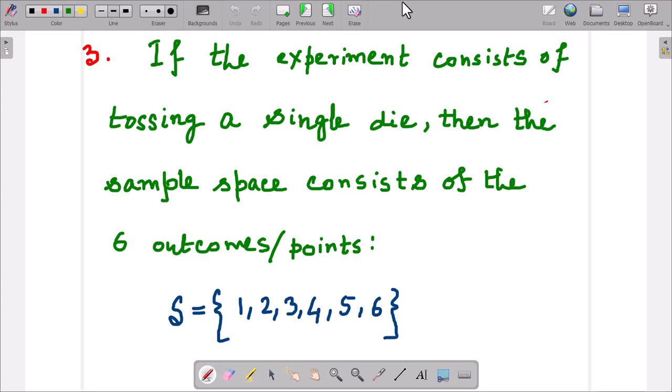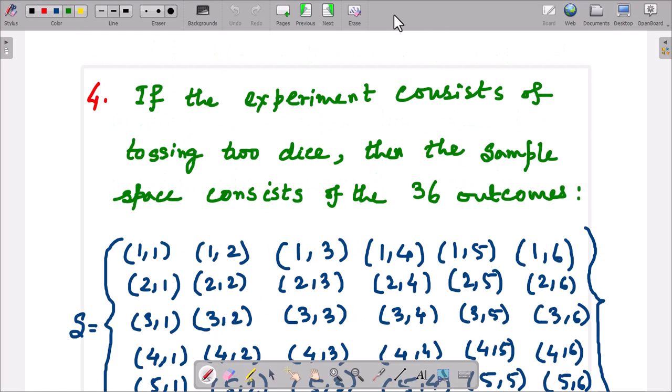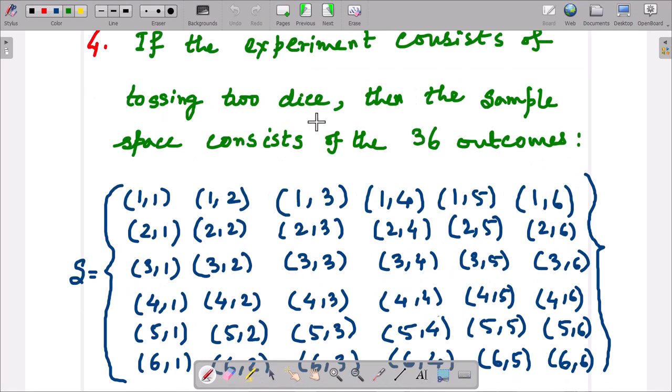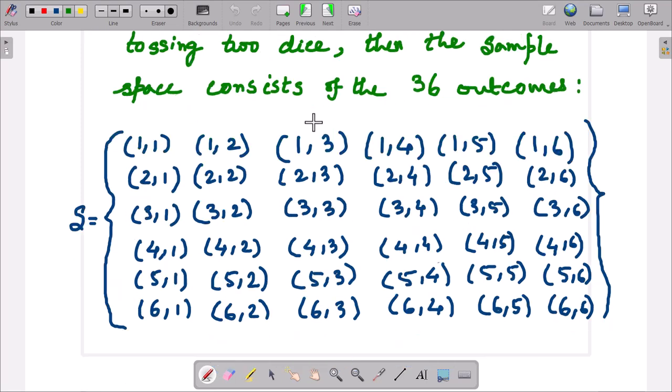So the sample space is 1, 2, 3, 4, 5, 6. Now, if the experiment consists of tossing two dice, then what are the possible outcomes? See, in the first die, it may come 1, and also in the second die.